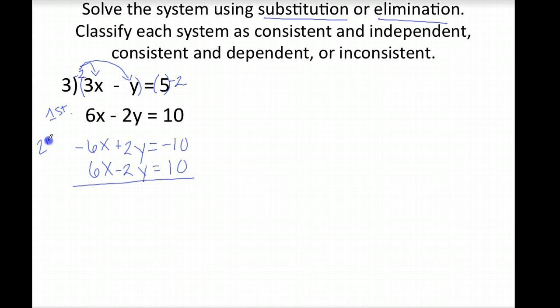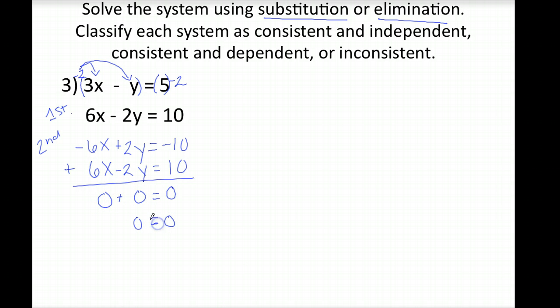So now we're on our second step. We're going to combine these values. -6x plus 6x is 0. 2y minus 2y is, once again, 0. And that equals -10 plus 10, which is 0. Now 0 plus 0 is 0.